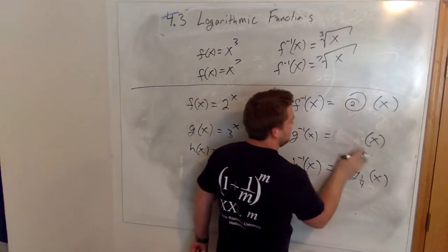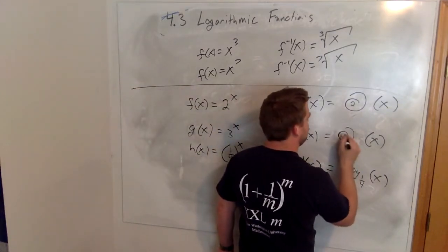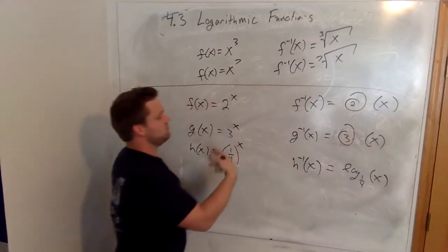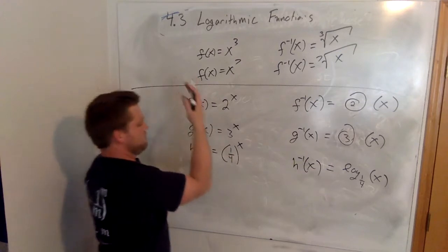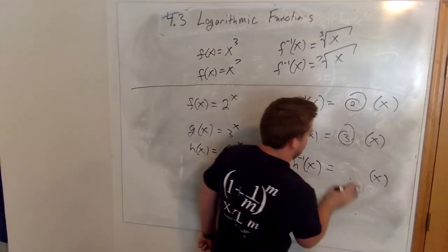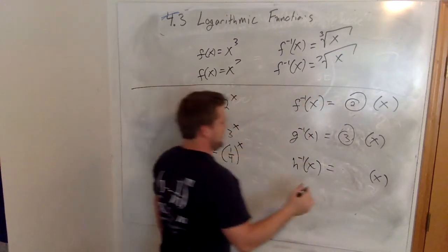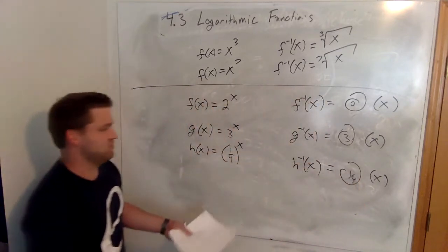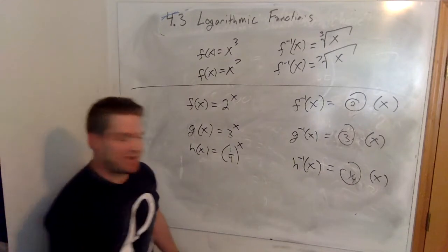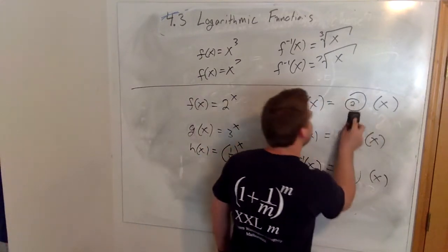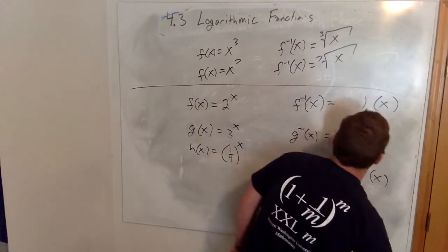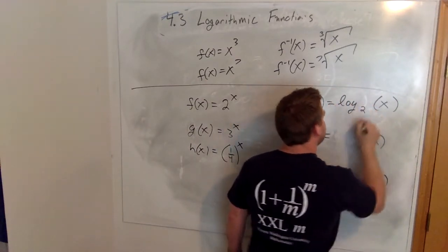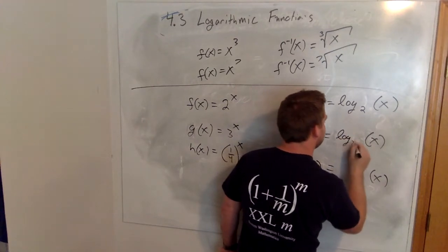We could have said, oh, this is swirly of 3, which is just something we made up that would denote the inverse of this function. Or maybe someone said, oh, the inverse of 1/4 to the x is swirly of 1/4. It's all just convention. Well, I wasn't the one who made it up. By convention, the symbol we use for the inverse of an exponential is a log. That's just the symbol we use.